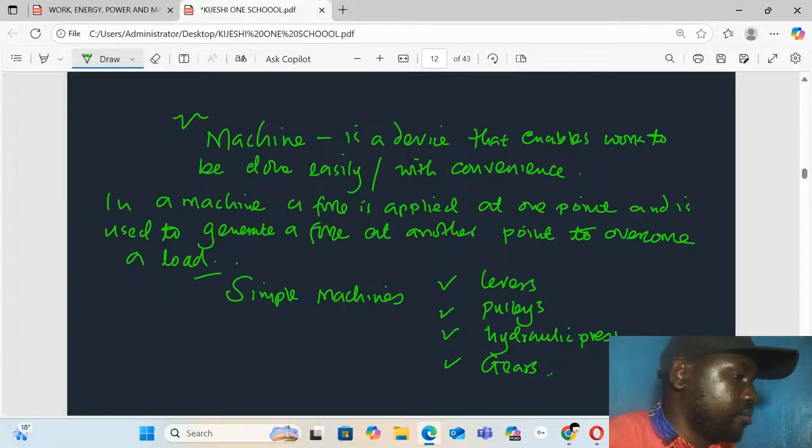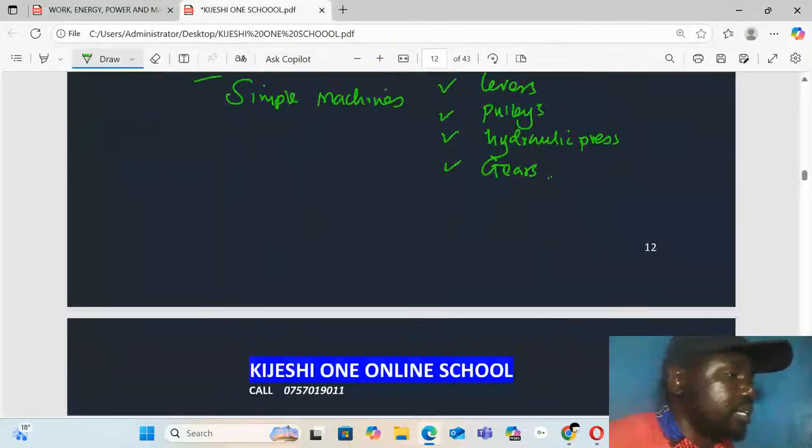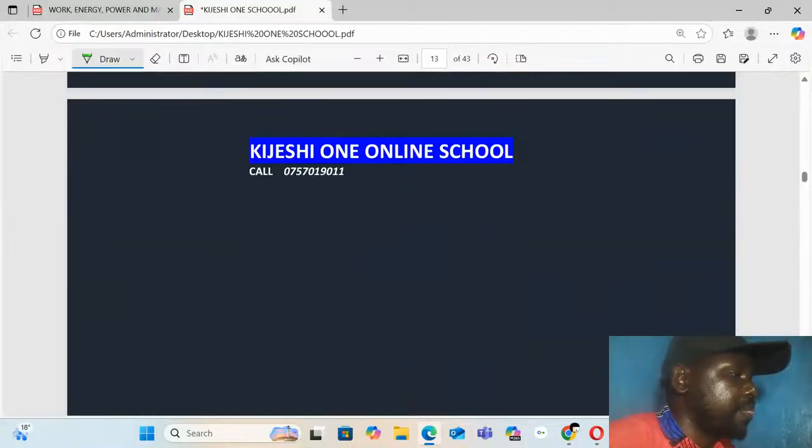Therefore, we can look at the terms used in these machines. The terms are 5 in number.